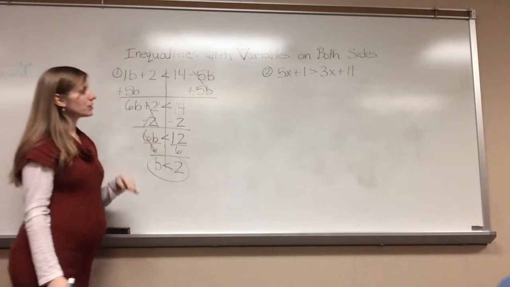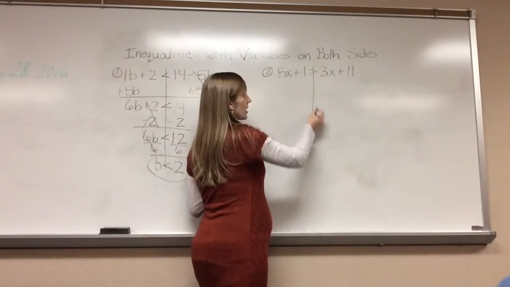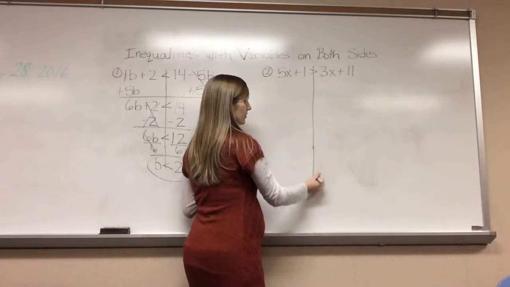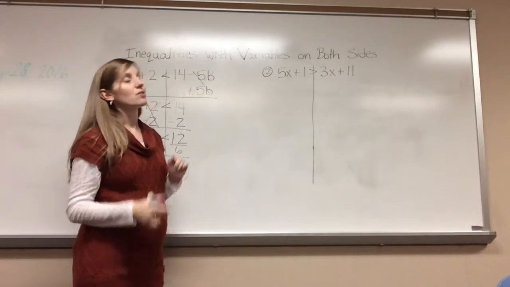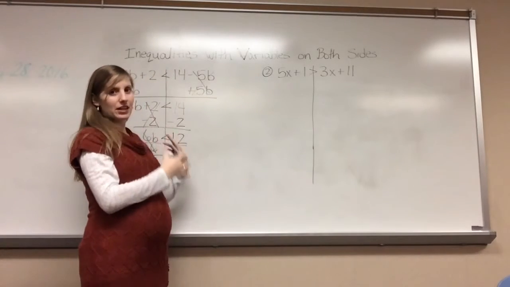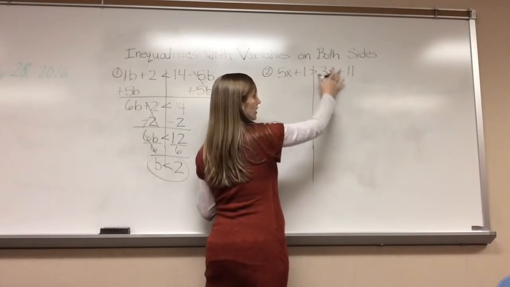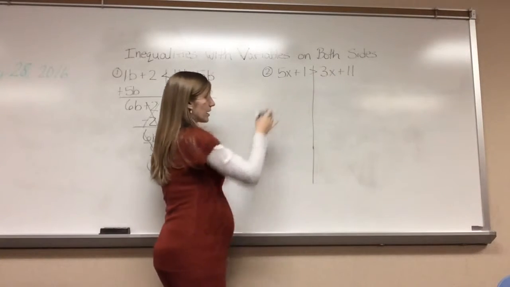For problem number 2, our inequality is 5x plus 1 is greater than 3x plus 11. So again, to solve this, I want to get all of my variables on the left side of the inequality. To do that, I'm going to cancel out the 3x because it's on the right. I want it to be on the left.